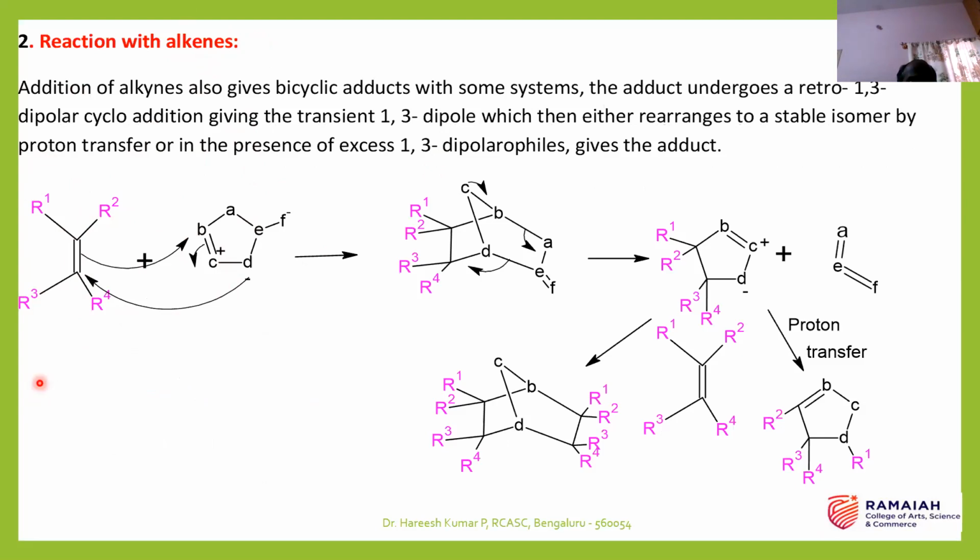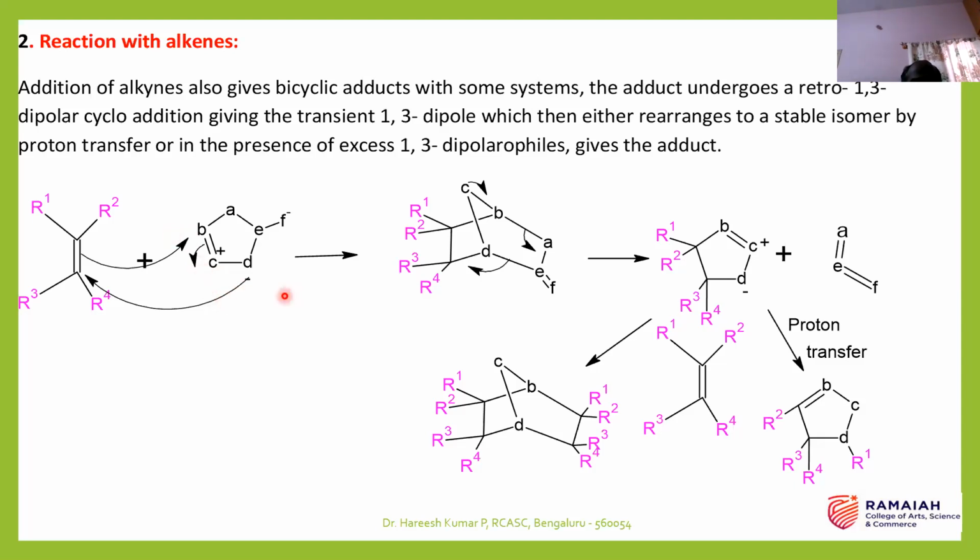what will happen? You know that 1,3 dipolar addition to the alkene is one method of preparation of heterocyclic compounds. You may observe this kind of similar reaction in pericyclic reactions also. The name 1,3 dipolar addition itself says it.